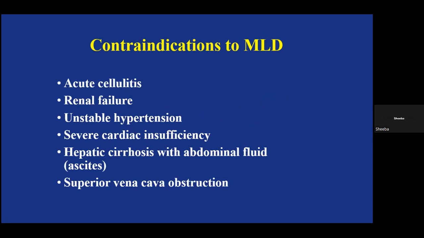If there is a problem in the renal system, the kidney, there is a chance of fluid overload. Other contraindications are unstable hypertension, severe cardiac insufficiency, hepatic cirrhosis with ascites, and superior vena cava obstruction.